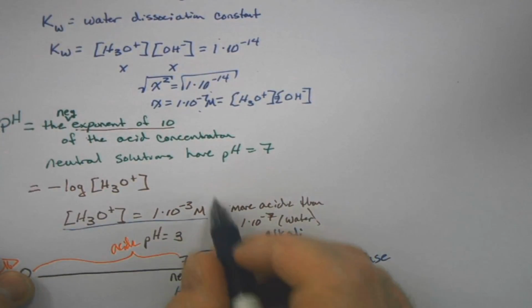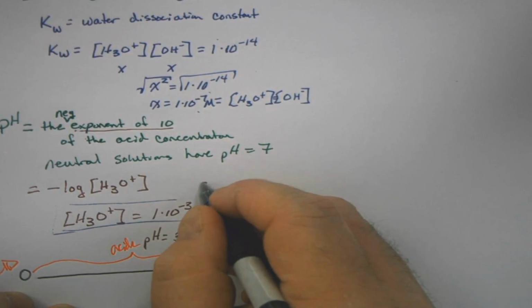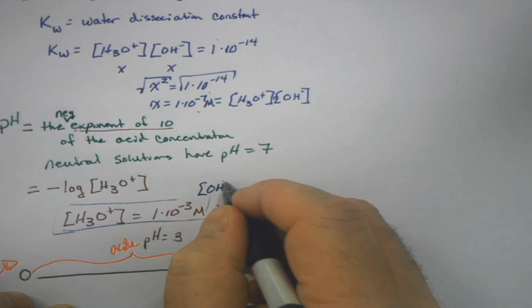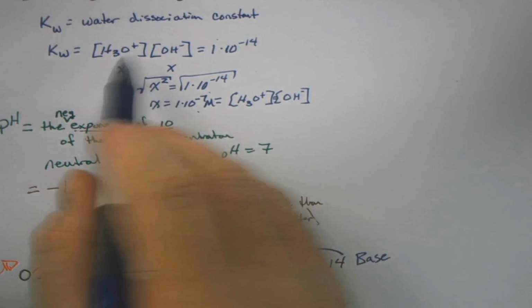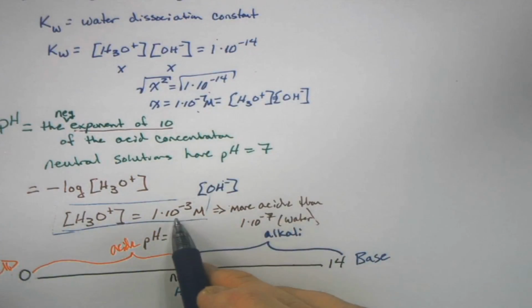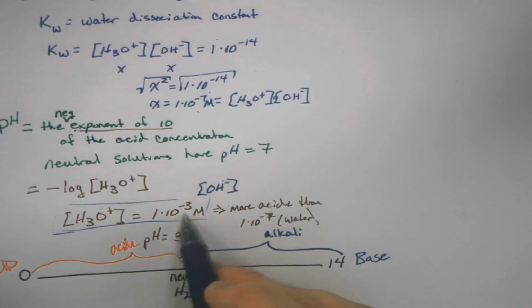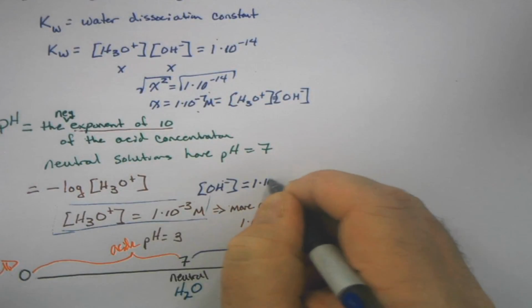If this right here was our concentration of our hydronium, what would be the concentration of our hydroxide? If our hydronium is 10 to the negative 3, then our hydroxide, because remember, they have to multiply to give us 1 times 10 to the negative 14th. So if we have an acidic solution of 1 times 10 to the negative 3, our hydroxide concentration is 1 times 10 to the negative 11th.